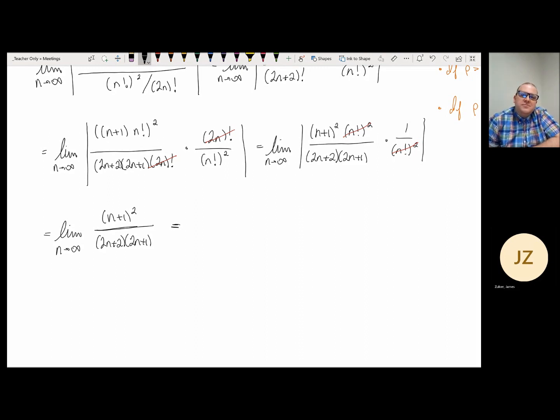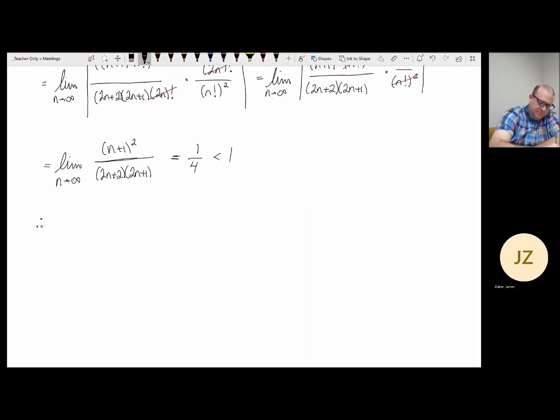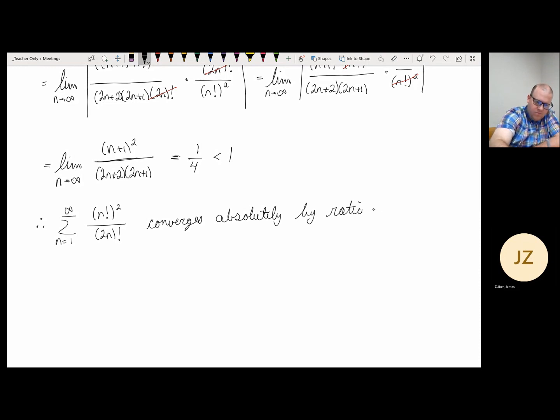What is that limit? That limit is a quarter, which is less than 1. Our series converges absolutely by the ratio test.